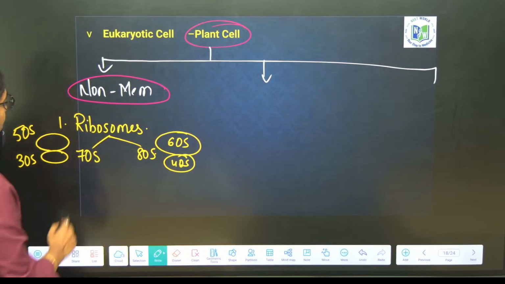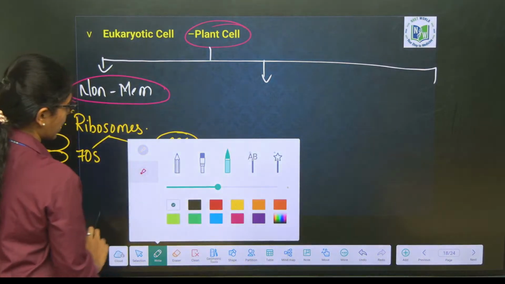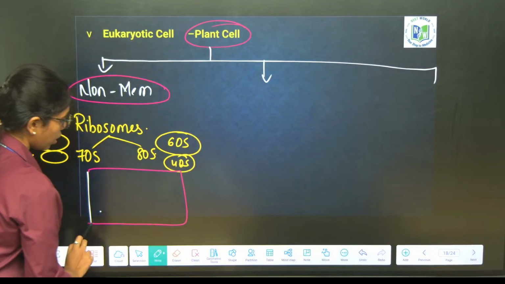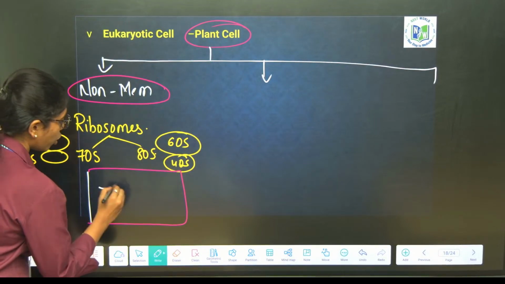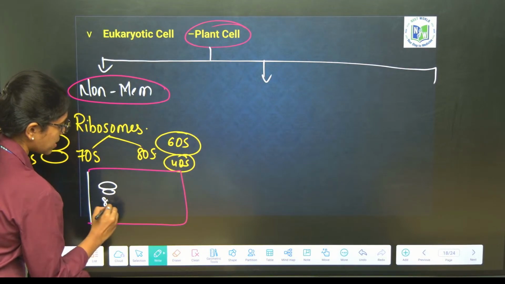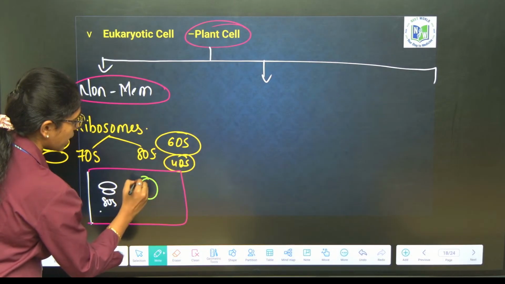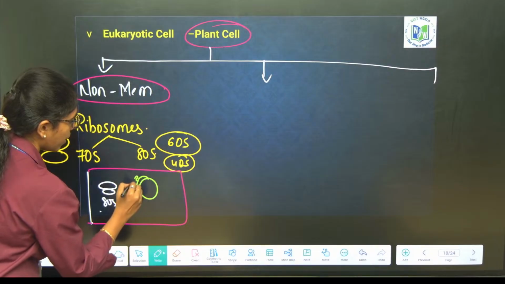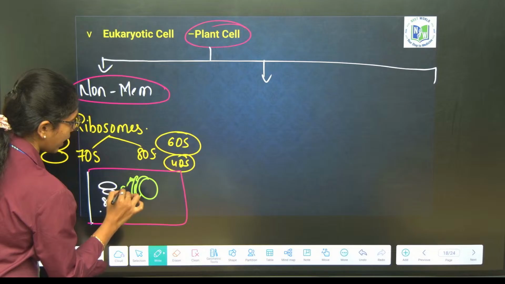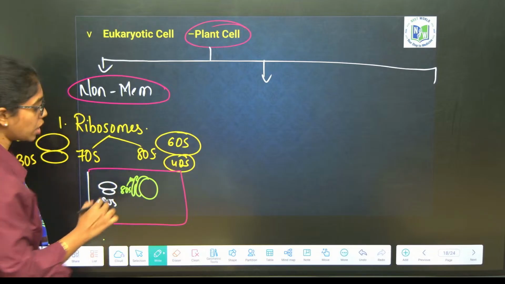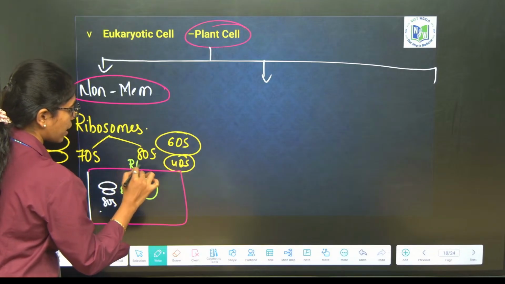Okay, what are the locations of these ribosomes inside the cell? Inside the cytoplasm, you will find 80S ribosomes, and on the extensions of the nuclear envelope we also have ribosomes. These are also 80S, which are present on the rough endoplasmic reticulum.